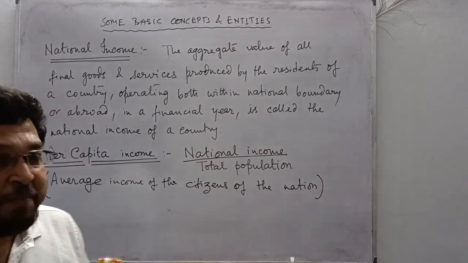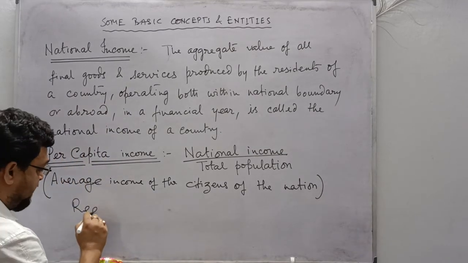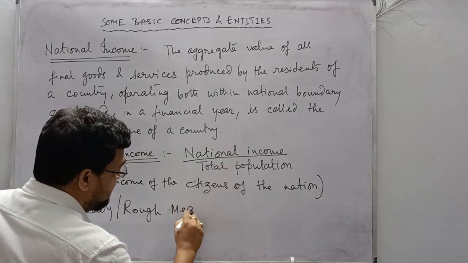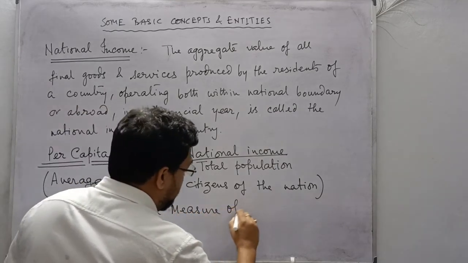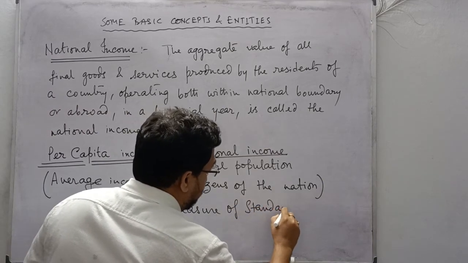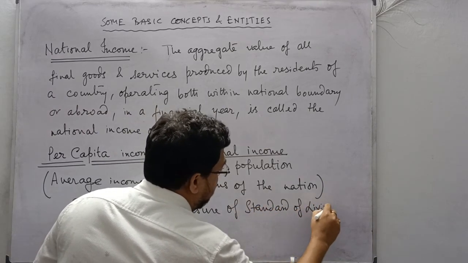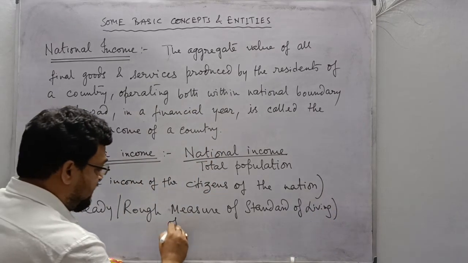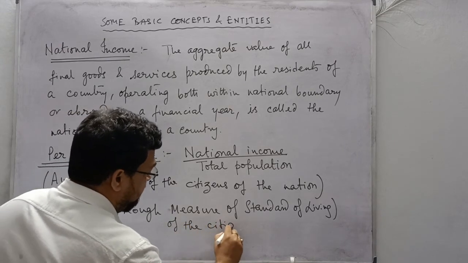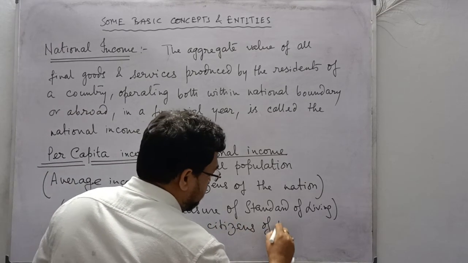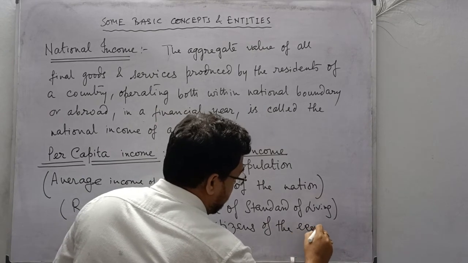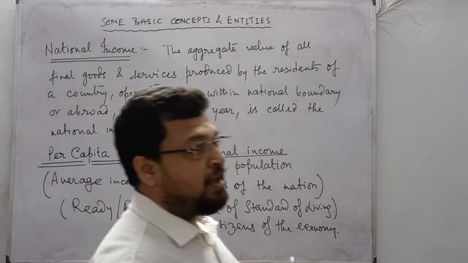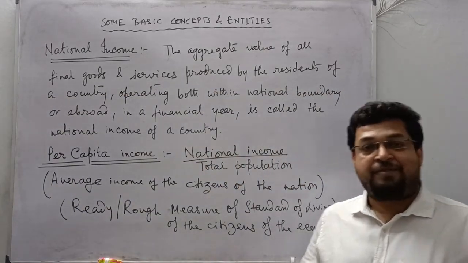So this per capita income is a ready and rough measure of the standard of living of the citizens of the nation. If the per capita income is quite high, that means the standard of living is also quite high.